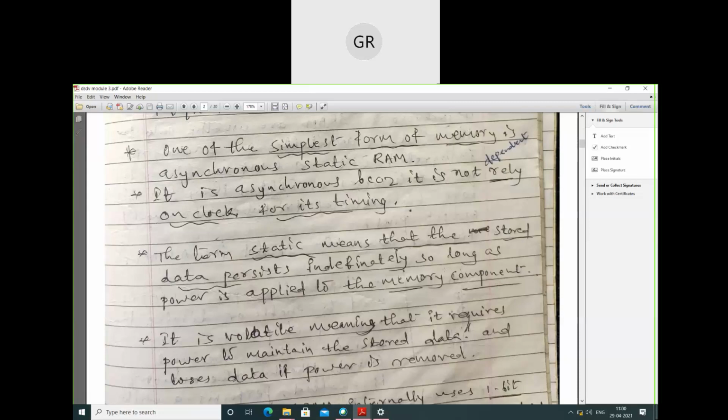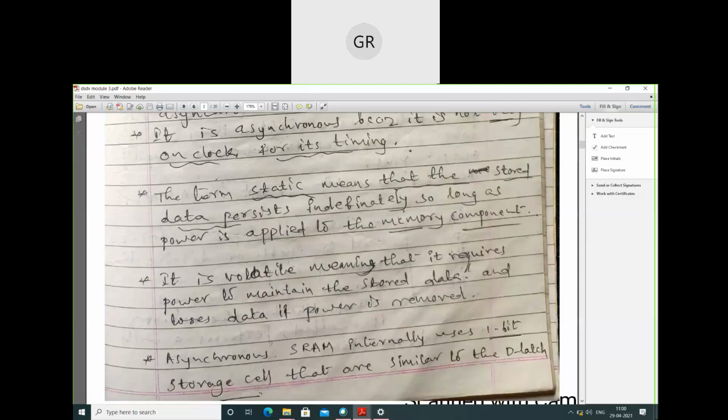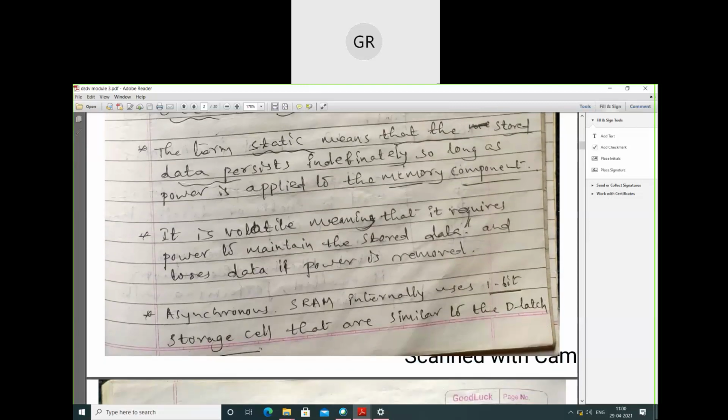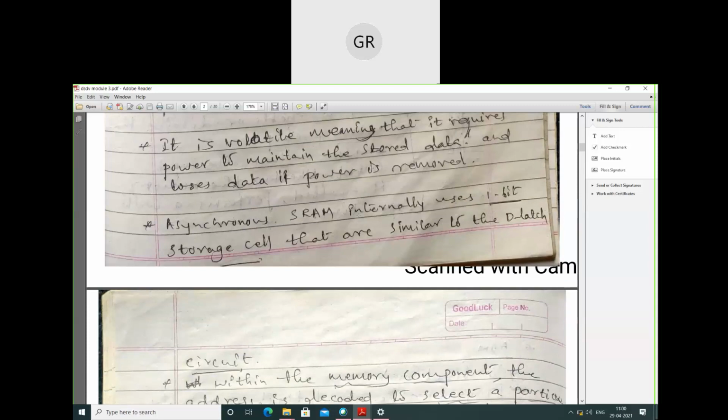It is volatile, meaning that it requires power to maintain the stored data and loses data if power is removed. Remember, random access memories are volatile memories.